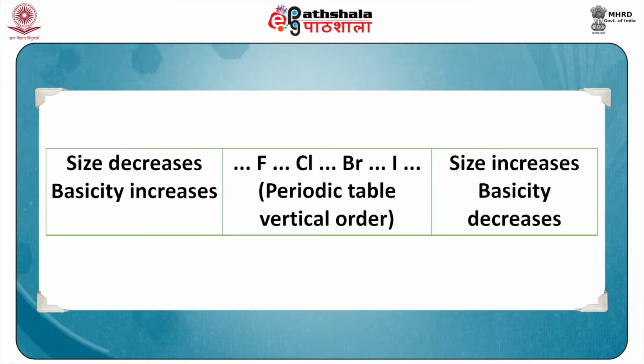This means a species will be less likely to act as a base if it is of a bigger size, because the same negative charge or the lone pair is now delocalized on a bigger surface area and the tendency to donate as a base will decrease. But yes, the tendency to take that electron pair over itself and go out as a leaving group will increase. So, as the size increases, the leaving group ability also increases, but basicity decreases.